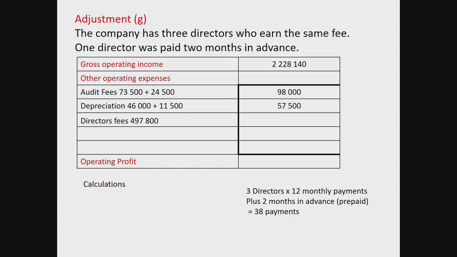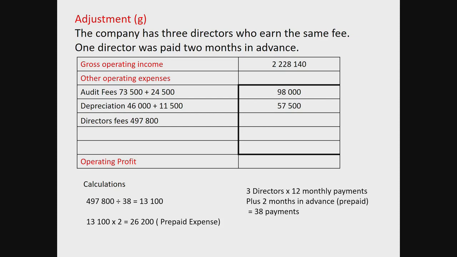So your calculation is going to start with 497,800 divided by 38, and that will give you 13,100 per month. 13,100 multiplied by 2 gives you 26,200, and that is the amount that we've prepaid.